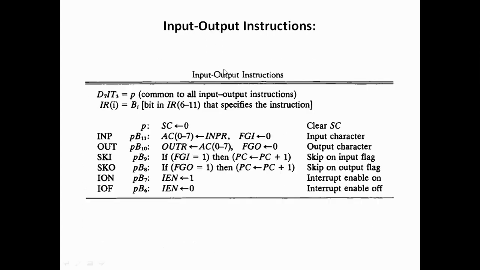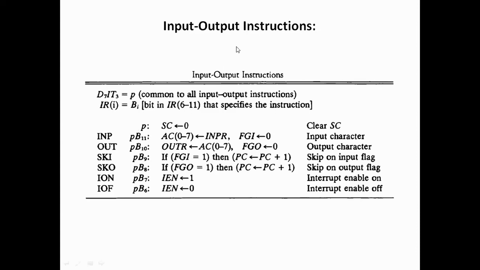And the third category is input output instructions. These are those instructions that deal with the input and output to the IO devices. So the processor wants to take some value from an IO device, for example keyboard, or it wants to output some character to an output device, for example printer.